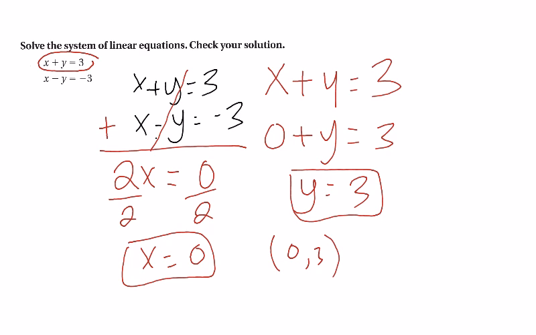Therefore, this would not be a no solution problem. This would not be an infinitely many solutions problem because it has one solution. So you would say one solution, and the solution is (0, 3).